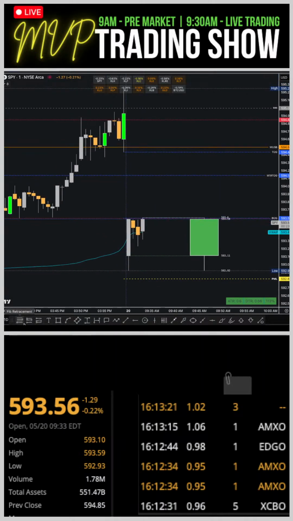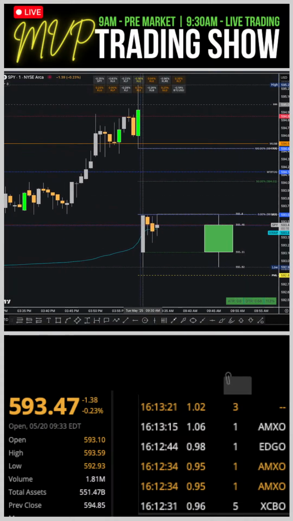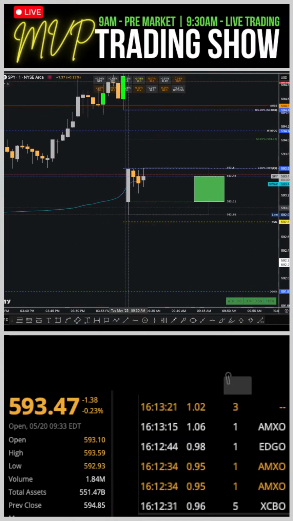If it doesn't fill, the tail will be that 50% retrace. Once we get above that 593.59, that's going to be our first attempt at that gap fill.